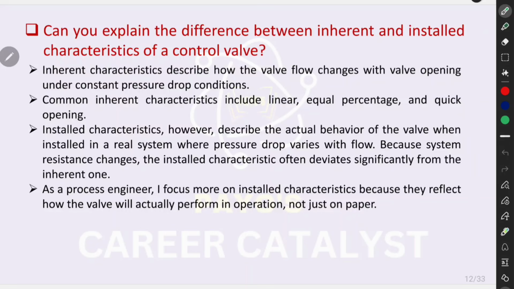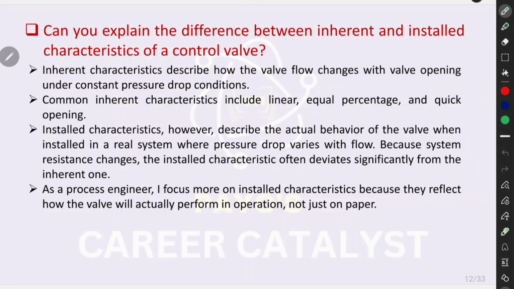Can you explain the difference between inherent and installed characteristics of a control valve? Inherent characteristics describe how the valve flow changes with valve opening under constant pressure drop conditions. Common inherent characteristics include linear, equal percentage, and quick opening.